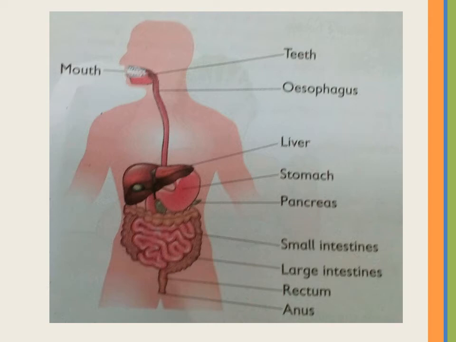Pupils, what is the function of the esophagus? Another name for the esophagus is the food pipe. It is also called the gullet.